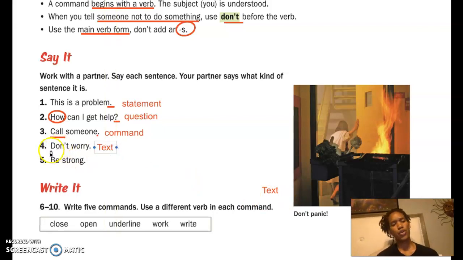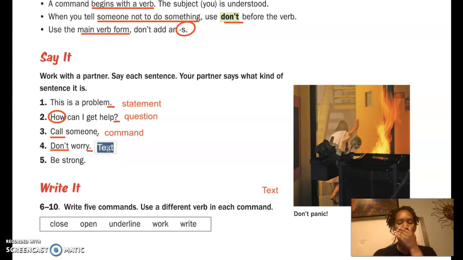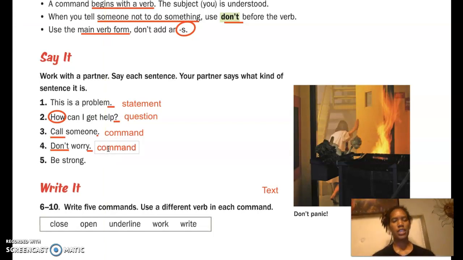It's okay, don't worry. It ends with a period, so that means it's either a statement or a command. If you say it is a command, you are correct. All right, and then number five, we have that verb be, and look, we also have a period. So it's either a statement or a command. What do you think? If you said command, you are correct.